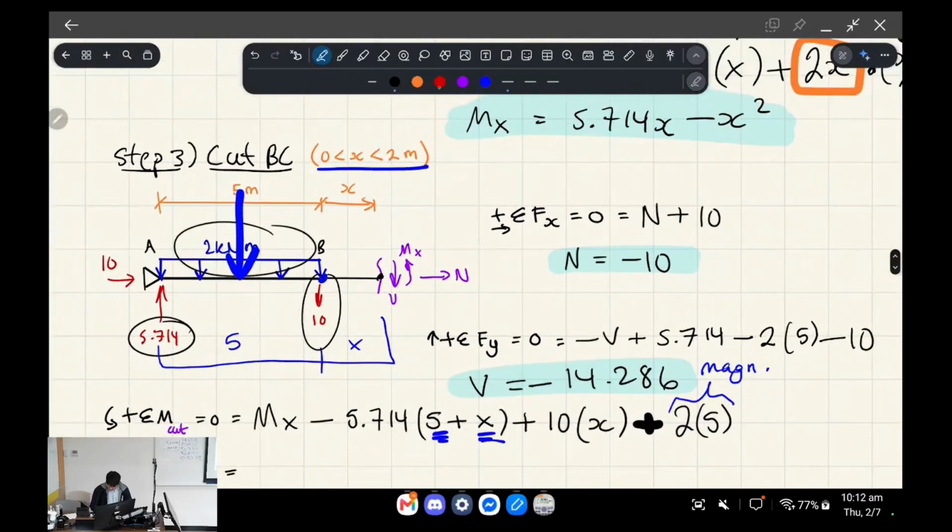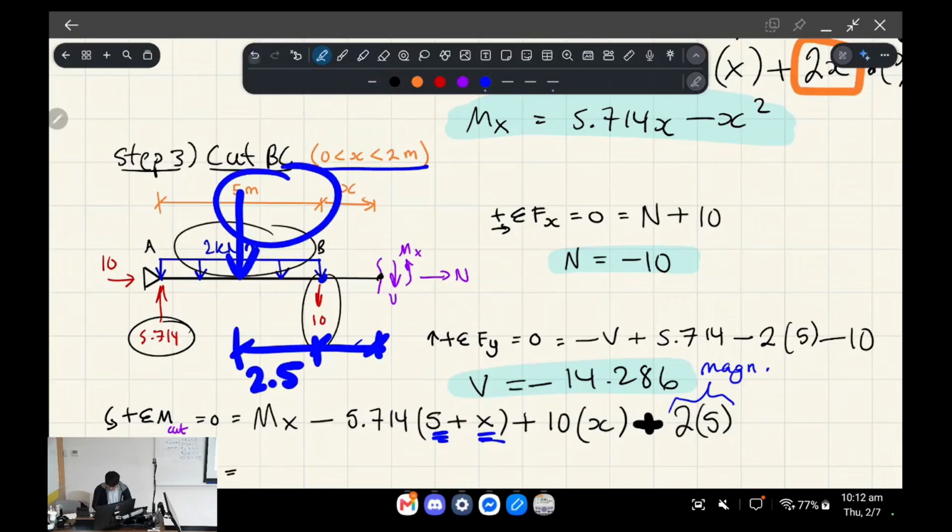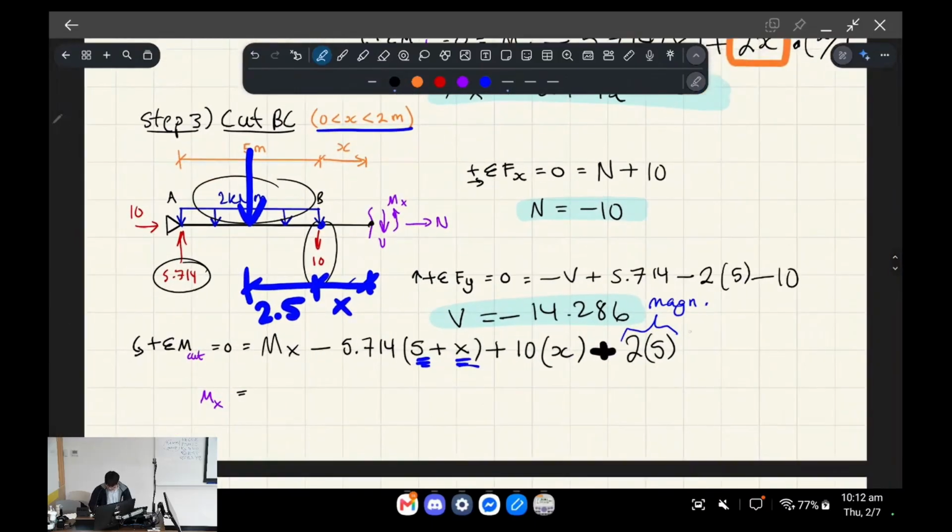However, what's going to change is actually going to be this lever arm. So the magnitude is not going to change, but the lever arm is going to change because we've got a component of the lever arm which is set. That's 2.5 meters, aka half of that 5 meters. But just like before, we're going to have a variable distance as well, which is going to be x. So it's going to be 2.5 plus x. So this whole expression is going to be our lever arm.